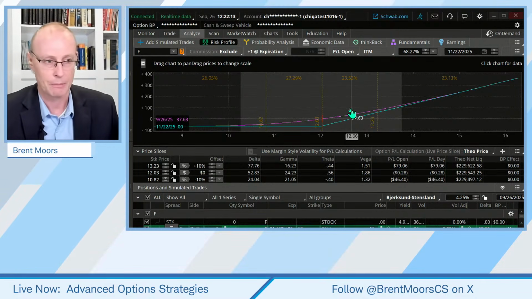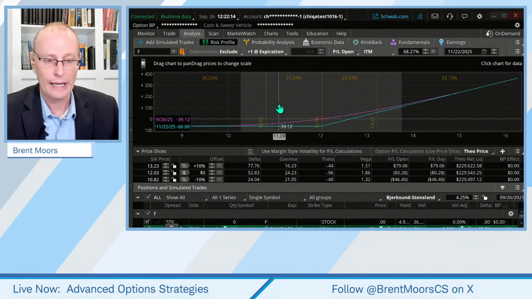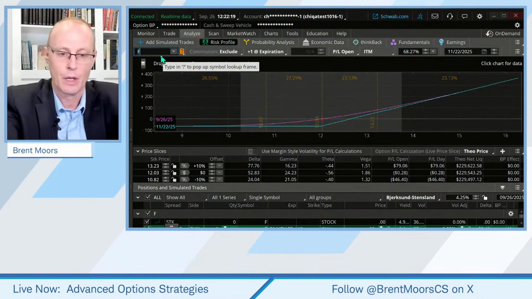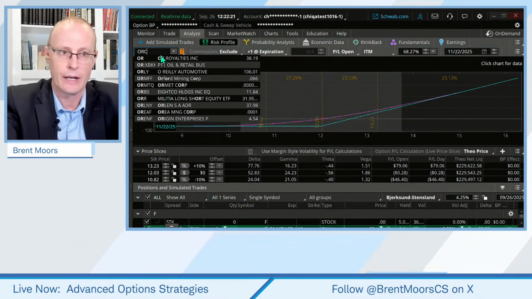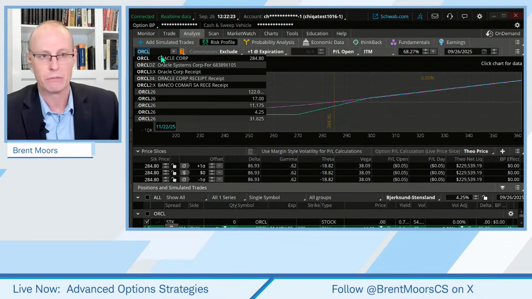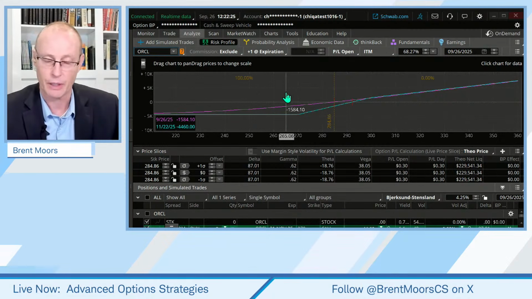Now, let me mention something. I'm planning on going to Iron Condor here in just a little bit, but last week we did a back ratio spread. Some of you were here last week.